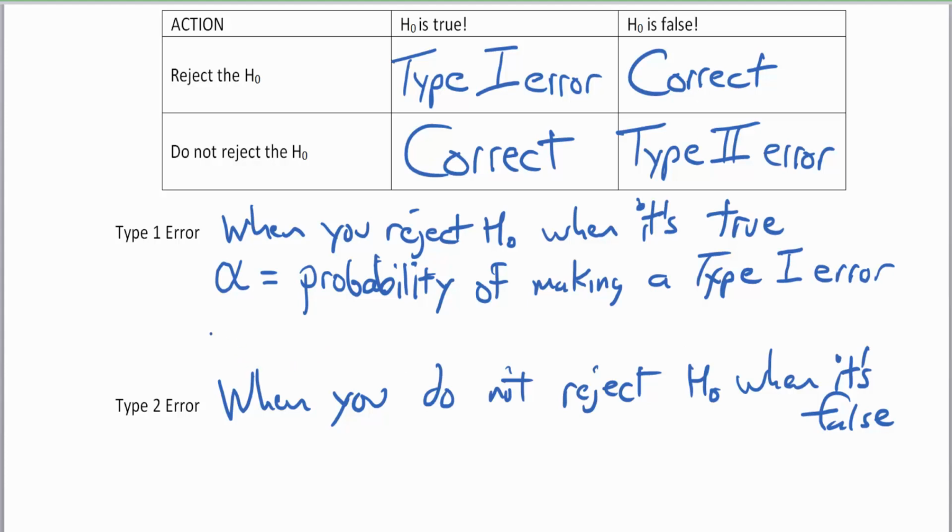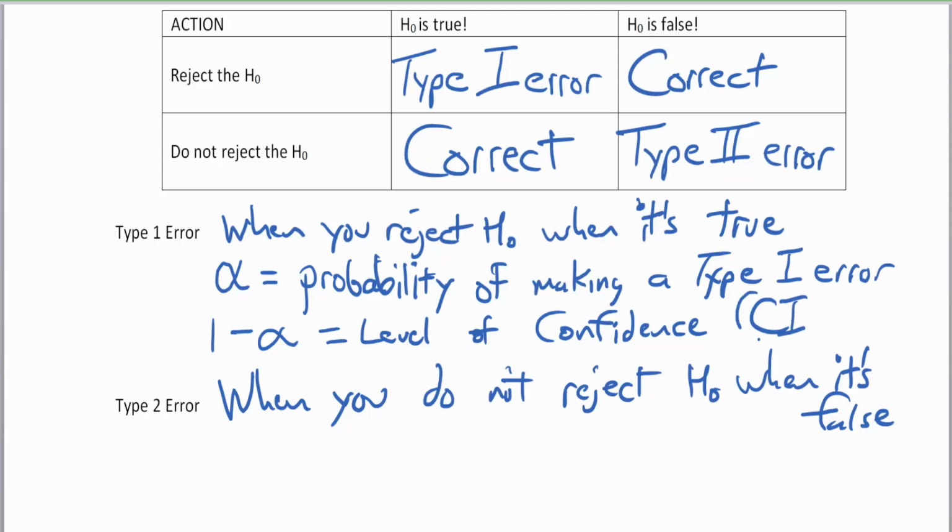That's what alpha is. And if you subtract alpha from 1, this gives you your level of confidence. And you've seen that level of confidence before with your confidence intervals, or CI. So in previous problems, you had like 99% confidence, so your alpha would be 1%, or 95% confidence, and then your alpha would be 5%.